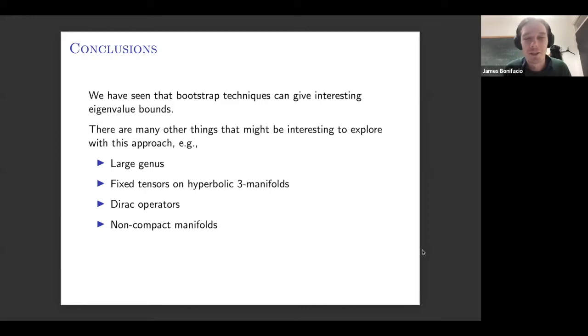Then you could hope that the consistency conditions just tell you that can't work for any value of the eigenvalue. That would be one way that you might try to improve multiplicity bounds. I think you really have to include them as external states. I haven't tried this, but I think that would be a natural thing to try.